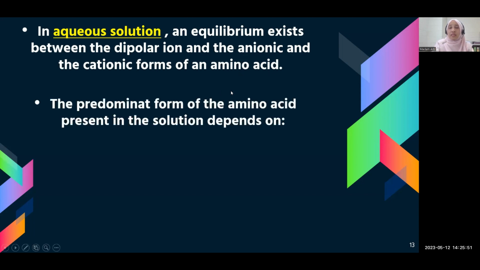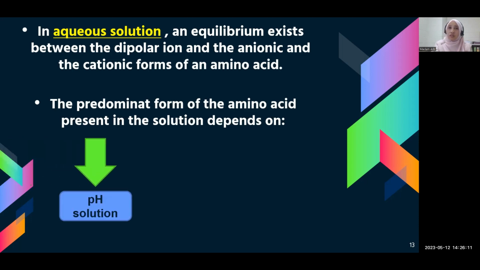Okay, jadi pada masa ini dalam aqueous solution, it can be in the form of cation or anion depending on what pH that the aqueous solution is. Jadi dia punya structure sama ada dalam bentuk cation ke ataupun anion depends so much on the pH of the solution.